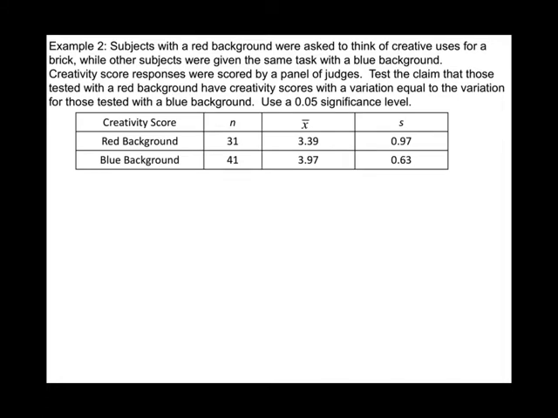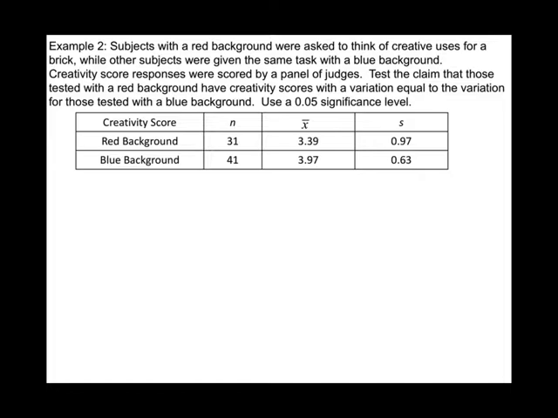Example 2. Subjects with a red background were asked to think of creative uses for a brick, while other subjects were given the same task with a blue background. Creativity response was scored by a panel of judges. Test the claim that those tests with a red background have creativity scores with a variation equal to the variation of those tests with a blue background.